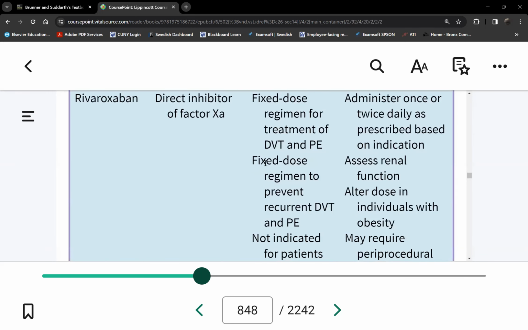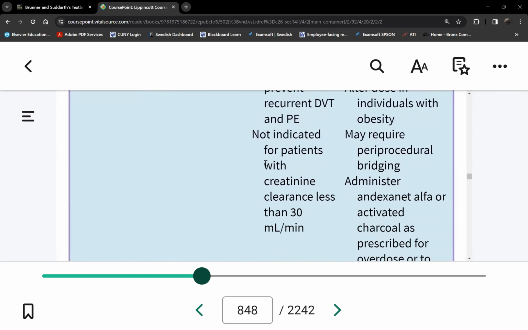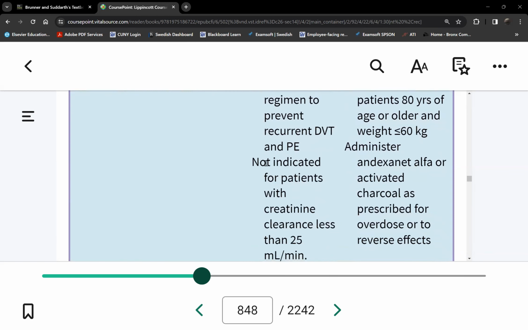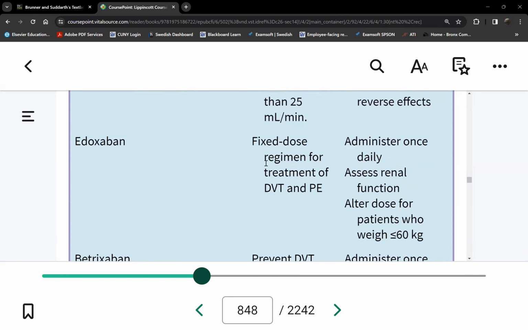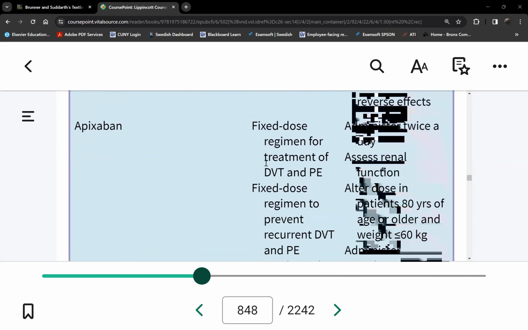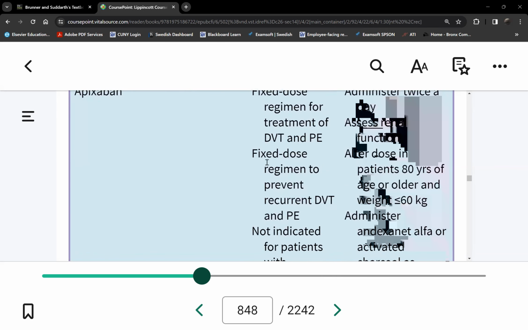The problem is they also do not have antidotes. The only one that does have an antidote, I think it's apixaban. Let me make sure. No, I think it's dabigatran. Sorry, dabigatran has an antidote.